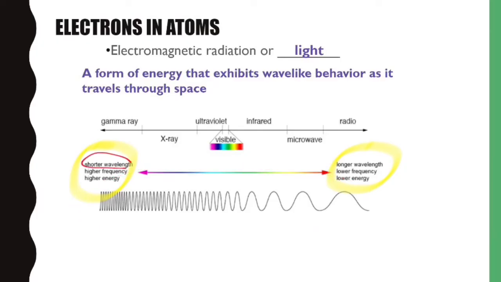The shorter the wavelength, meaning the closer together our waves are, the higher the frequency is, meaning the more frequently we have a wave in the same amount of space. I have more waves more frequently over here than I do at this end with our longer wavelength, the longer distance between waves.